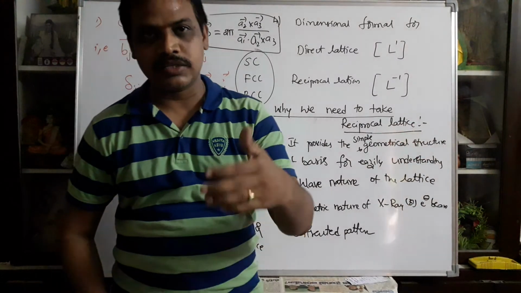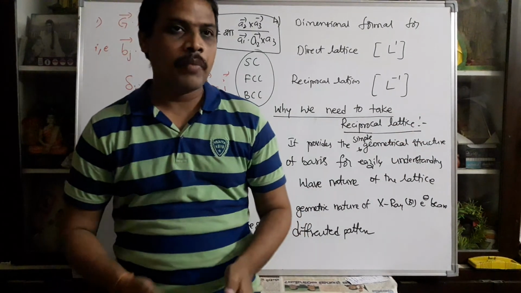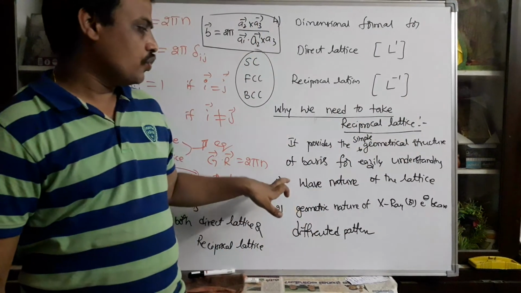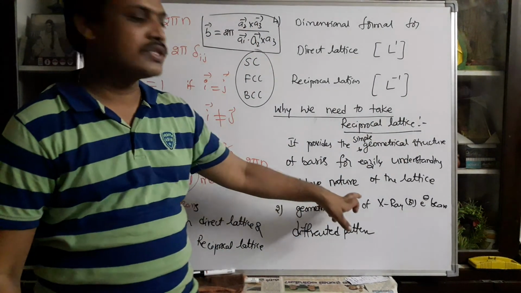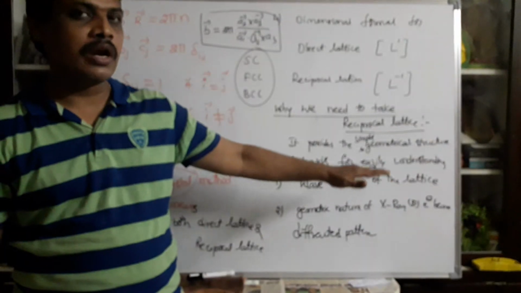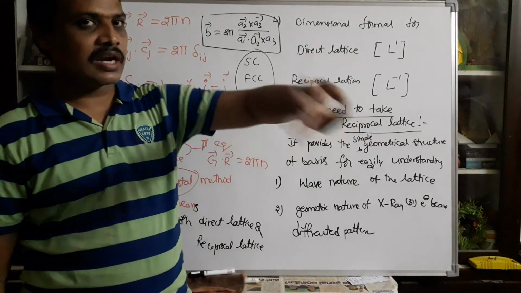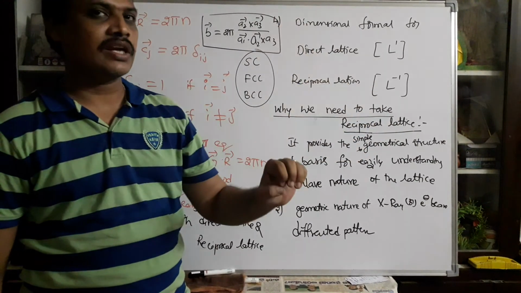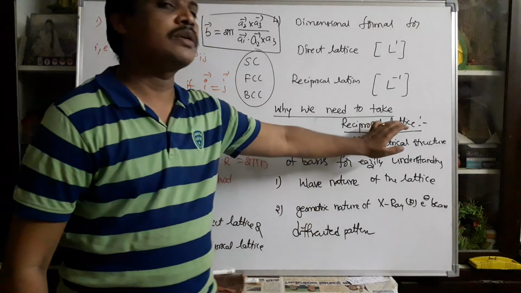You can easily understand the given structure by using the reciprocal lattice. It can give the complete wave nature of the lattice. Wave nature means the wave exists in three dimensions. From the three-dimensional point of view, you can give the complete structure of the crystal by using the reciprocal lattice.